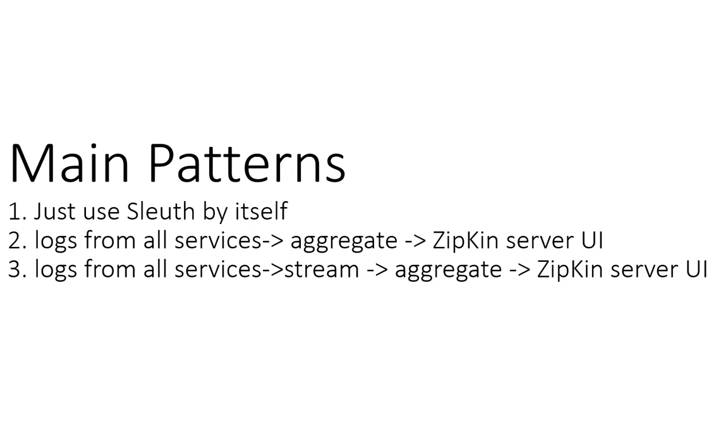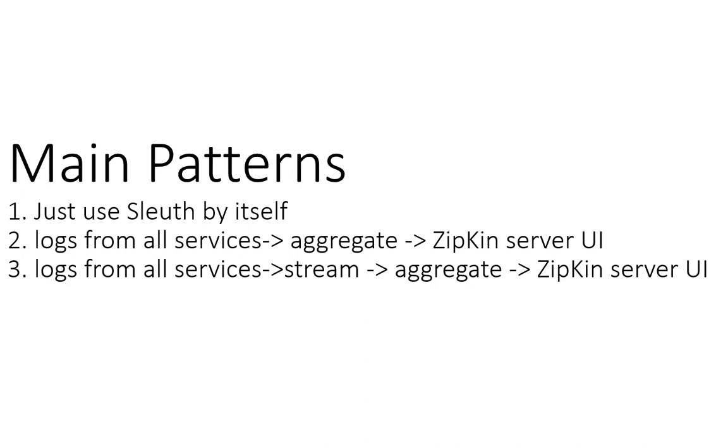The second one is you do this configuration, the first step, and then you also do the aggregation, and then with the aggregation you can do analysis on it later. With Zipkin, you can use the Zipkin server UI to visualize and see what's going on. That's the second option.